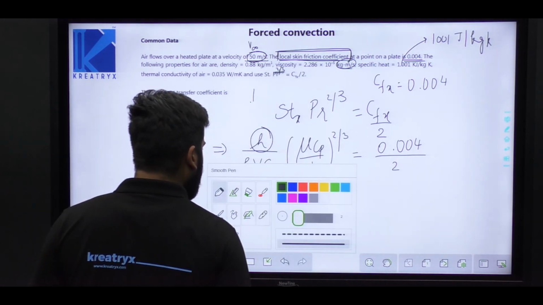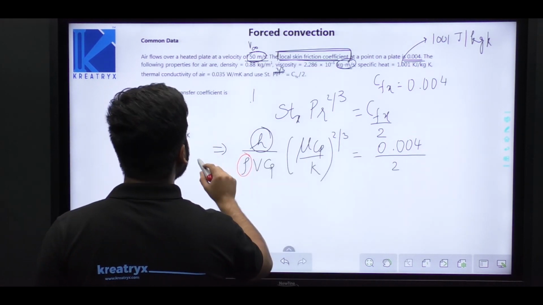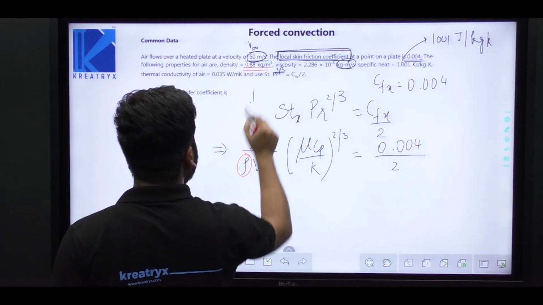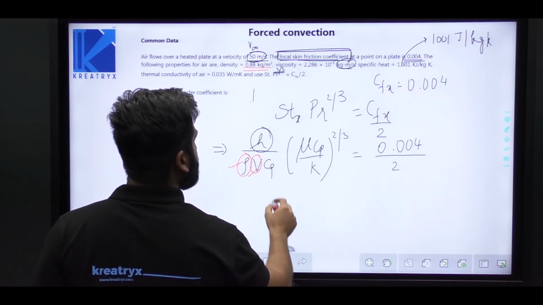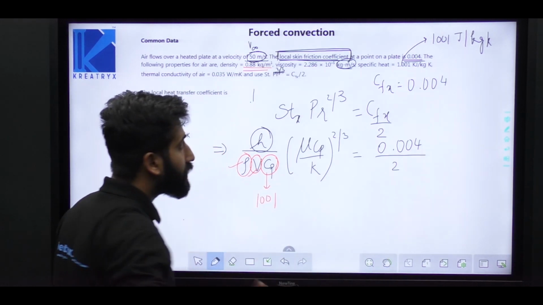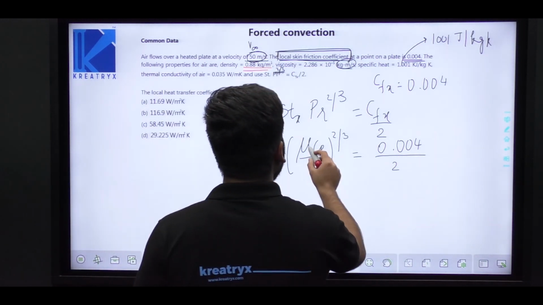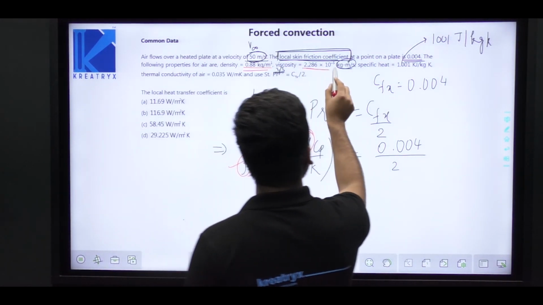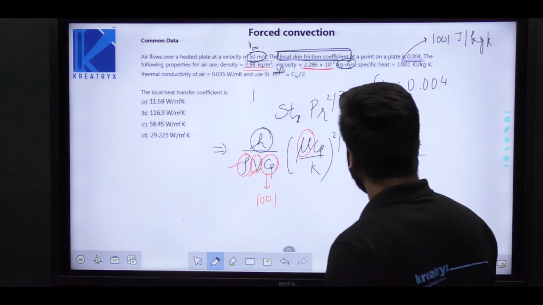Do I know the other values? Do I know rho? Rho is 0.88 kilogram per meter cube. Yes. V is 50 meter per second. Cp is 1001 joule per kilogram Kelvin. Do not put that in kilojoules. Mu is 2.286 into 10 to the power minus 5 kilogram per meter second, that is Pascal second.